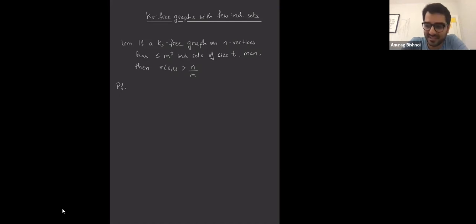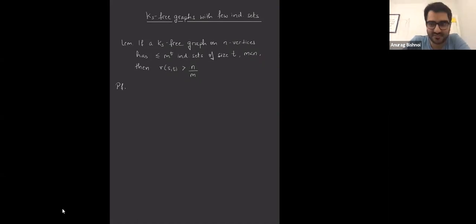For any K_s-free graph, or in fact, we'll see this could be any F-free graph, if you can bound the total number of independent sets of a certain size in a non-trivial way, because a trivial bound for sets of size t is just n choose t, which is like n to the power of t, so that's a trivial bound, then you could potentially get something nice for the Ramsey numbers. And it also has a very simple proof. I could just say one line and that would be enough, but I'll actually do it in detail.